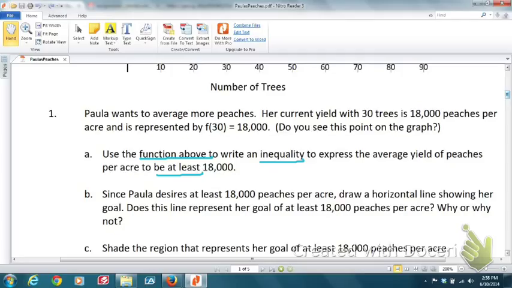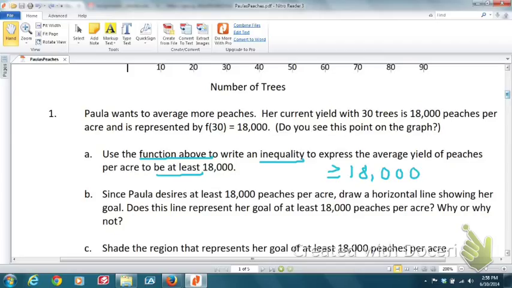At least tells us that we're going to be using the inequality greater than or equal to, and it looks like this. We want it to be at least 18,000, so we want it to be greater than or equal to 18,000.